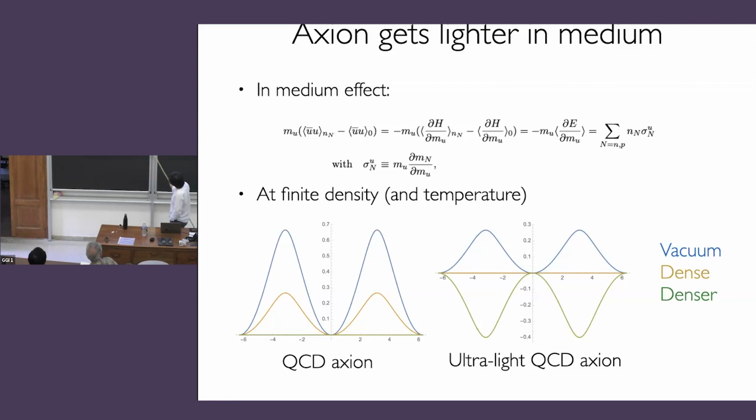So now it not only gets flatter, but as you continue to increase density, it actually flips over. So now what you get is, inside these dense large stellar objects, the axion is actually at theta equal to pi instead of at theta equal to 0.